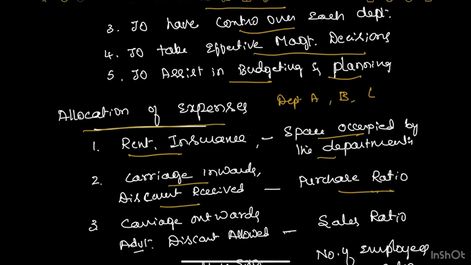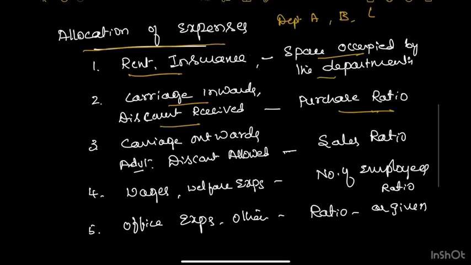And there are certain expenses like carriage outwards, advertisement, and discount allowed. These are expenses related to sales, so the sales of each department are taken to find the sales ratio, and the expenses are allocated according to the sales ratio.